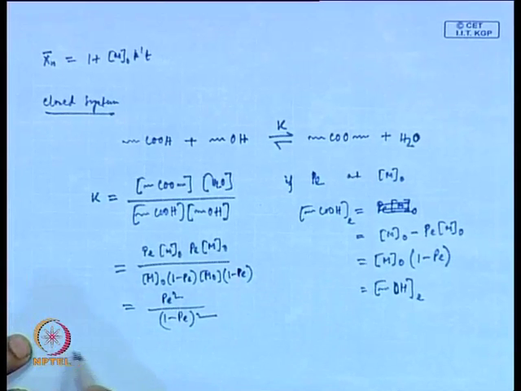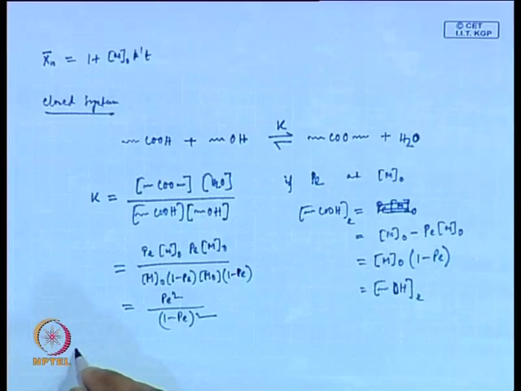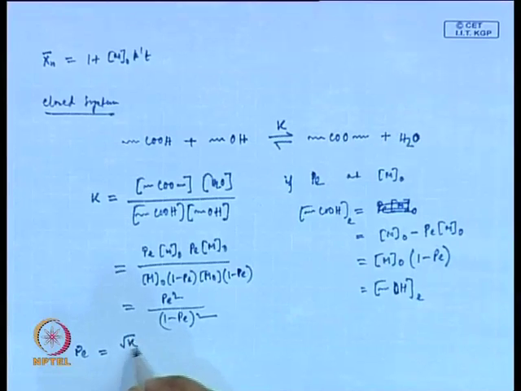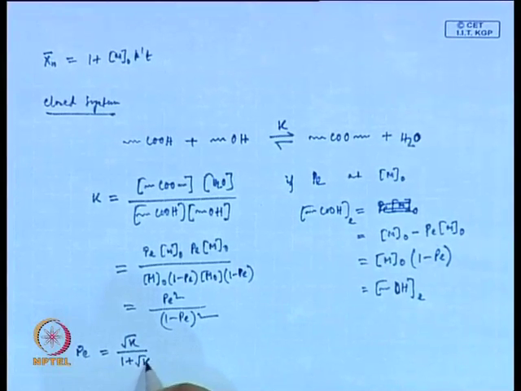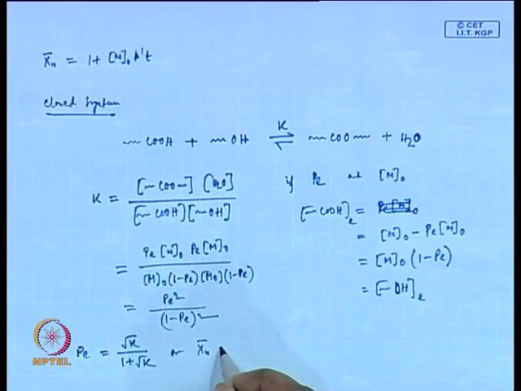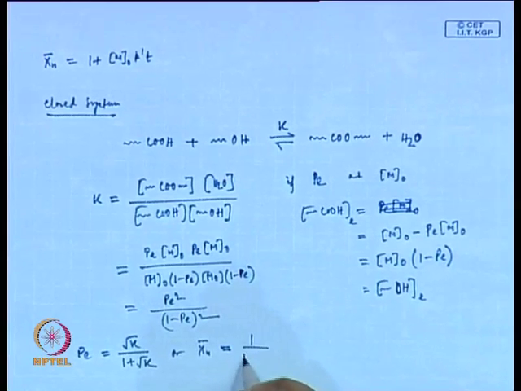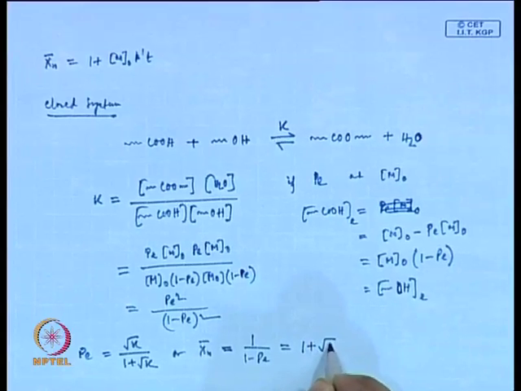So, rearranging we get P as root k, 1 plus root k, or x n bar is 1 by 1 over P, which gives you 1 plus root k.